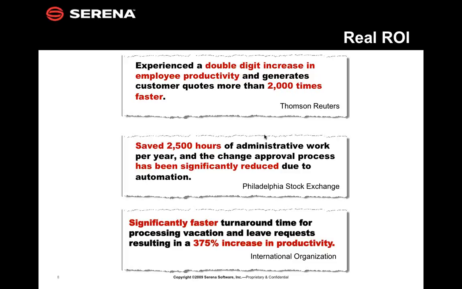This was done within business units. At the Philadelphia Stock Exchange, they saved 2,500 hours of administrative work around change approval processes that were necessary to show compliance. And another international organization that we can't name specifically saw a 375% increase in productivity around things like processing vacation and leave requests.